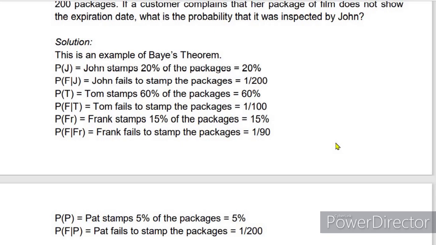Then the probability that Tom stamps is 60%, and the probability that Tom fails to stamp is 1 over 100. The probability that Frank stamps is 15%, and the probability that Frank fails to stamp is 1 over 90. Next, the probability that Pat stamps is 5%, and the probability that Pat fails to stamp is 1 over 200.